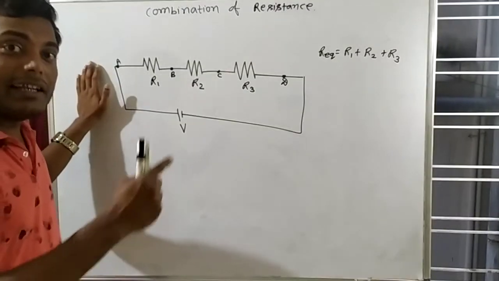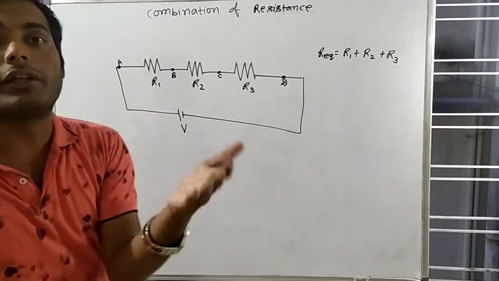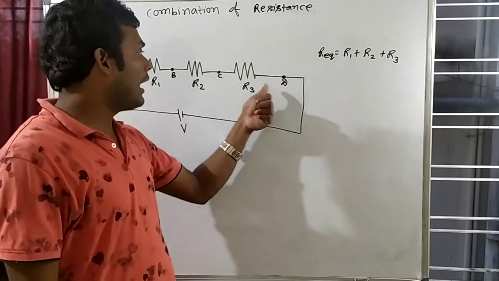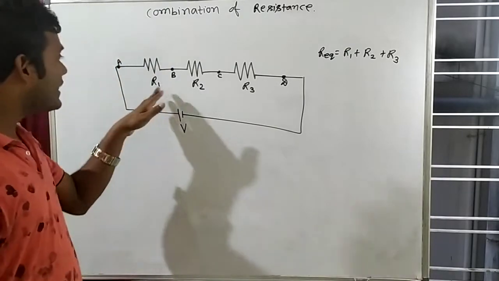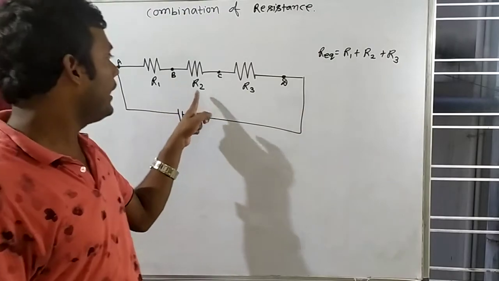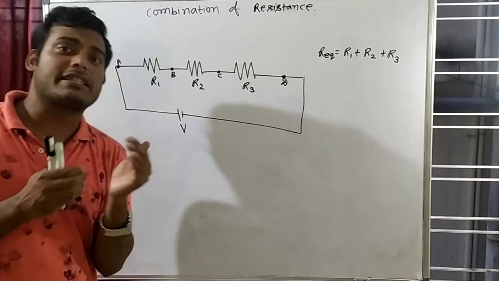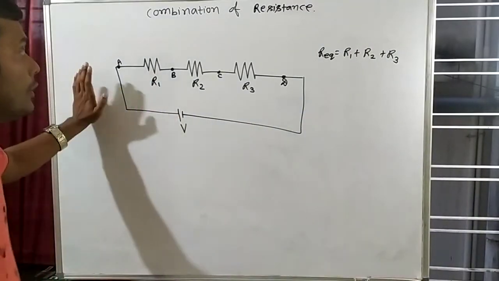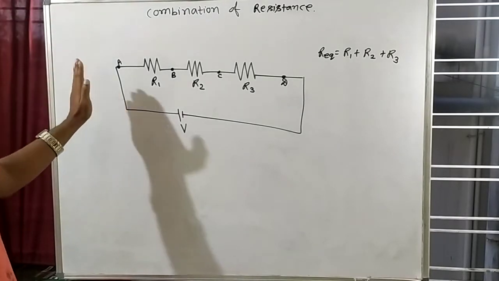So what I can conclude from here is that each and every resistance starts from a different point. R1 starts from A, while R2 starts from B, and R3 starts from C. And each resistance ends at a different point also: R1 ends at B, R2 ends at C, and R3 ends at D. So this type of combination is known as series combination.